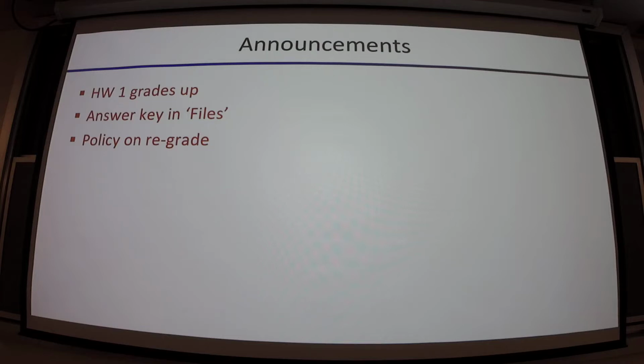Policy on regrading. There is an option available to you, as of what I've just decided, to petition for a regrading on a specific subproblem or a set of specific subproblems, in which case I will grade them. However, we will completely throw out the old grade and I will assign a new grade based on my judgment.